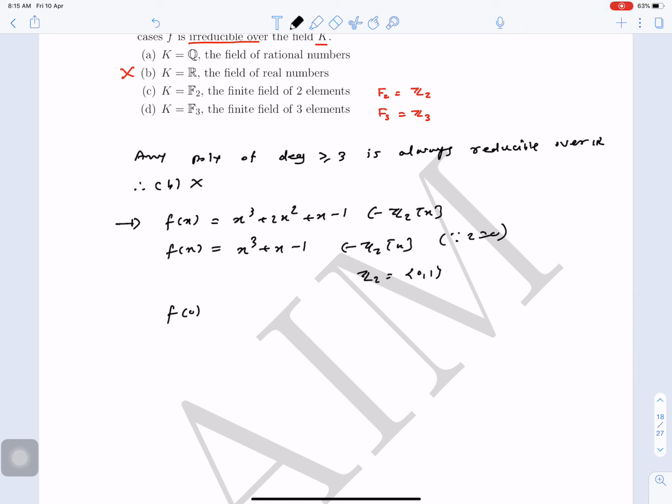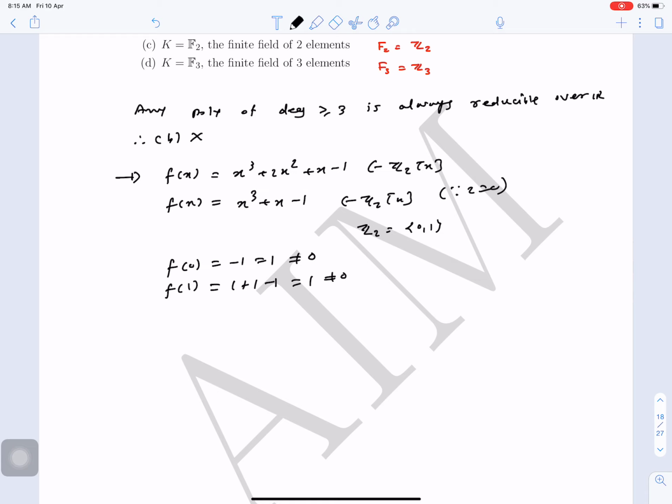So by inspection, f(0) is minus 1, which is plus 1, so it is not 0, and f(1) is 1 plus 1 minus 1, which is again 1, not equal to 0. So therefore f(x) has no zero in Z2, and the degree of f(x) is equal to 3.